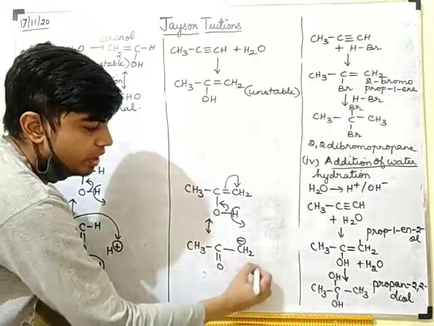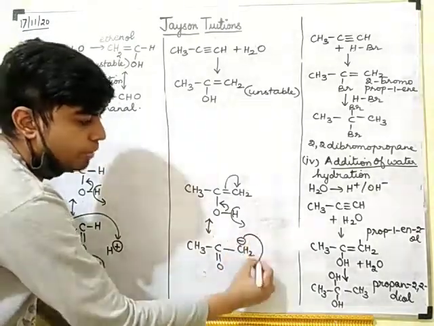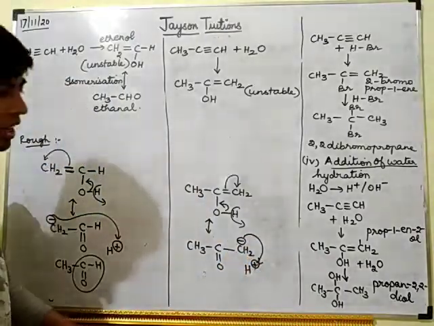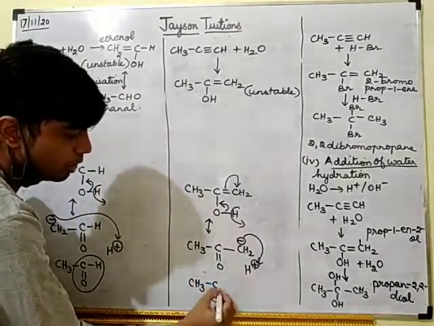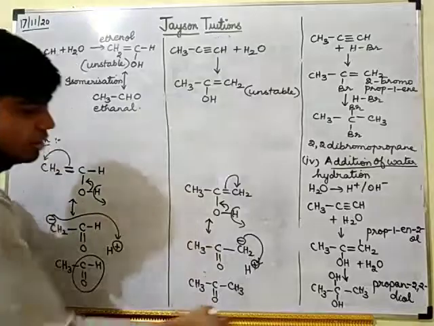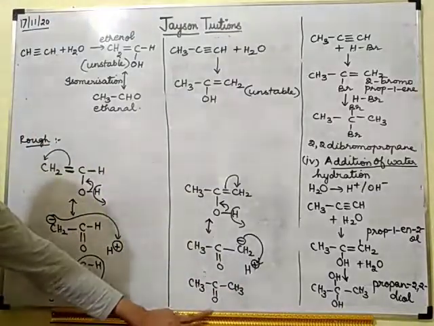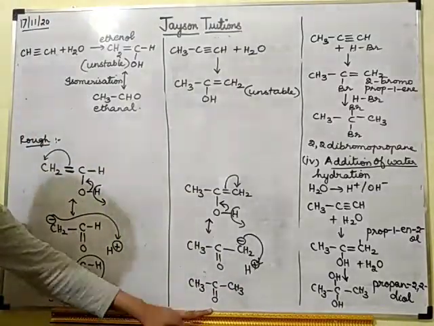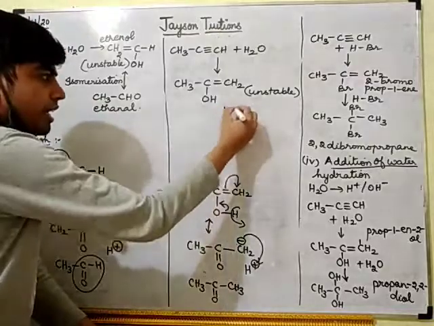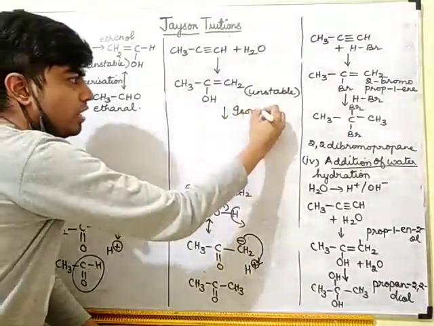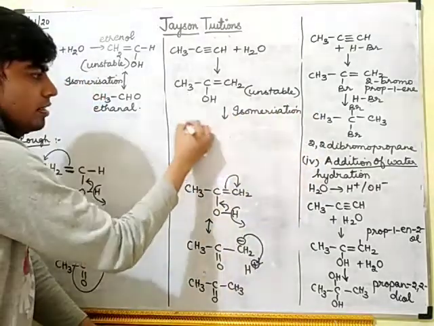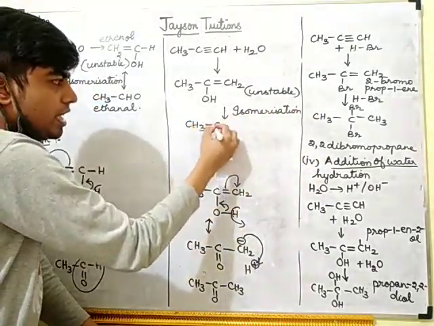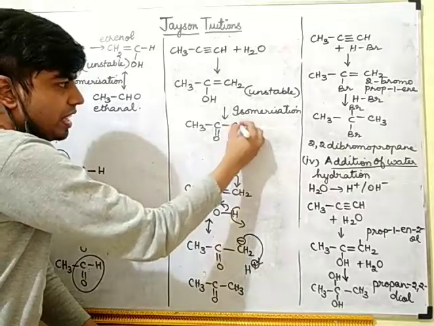This H plus will go outside. So this minus will attract this plus charge and I will get CH3 C double bond O CH3. What is this one? CO means it is a ketone functional group. So if it undergoes isomerization, I will be getting CH3 C double bond O CH3.